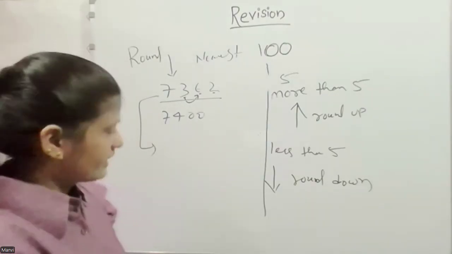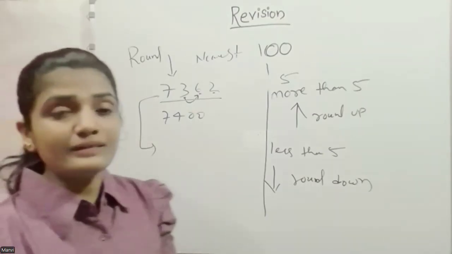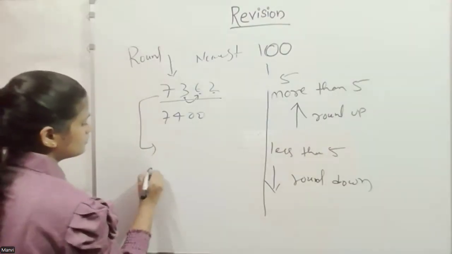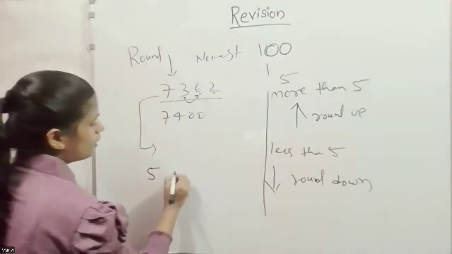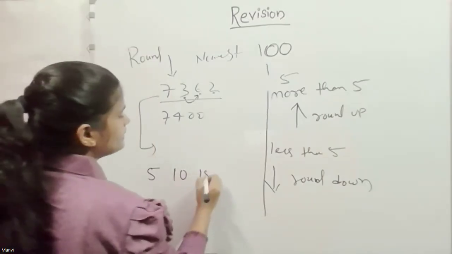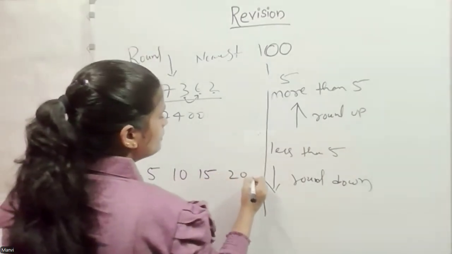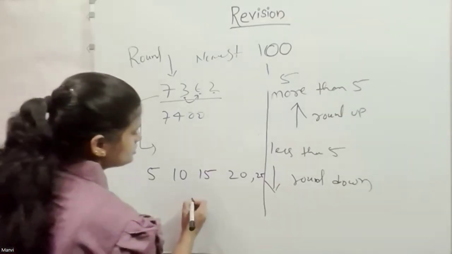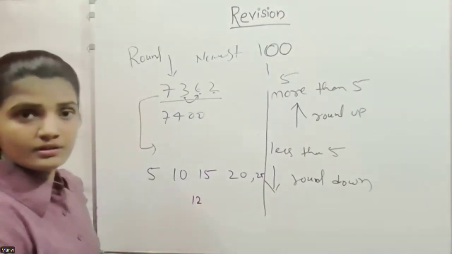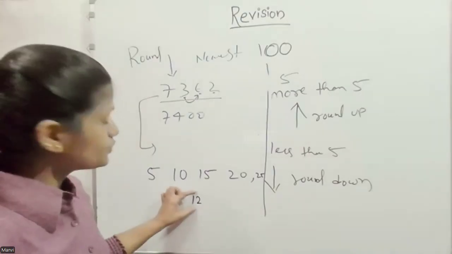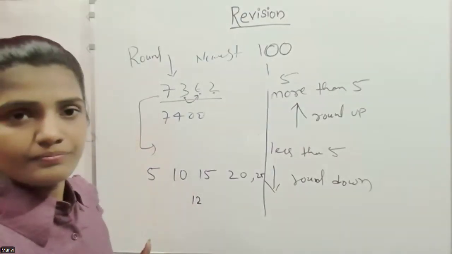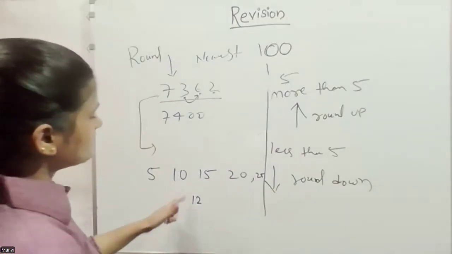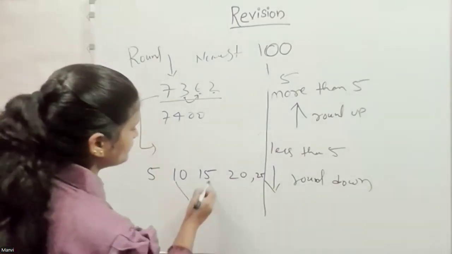No. Okay. So if we need to round to the nearest 5 or 50, you can think of it this way. We need to make it like 5 or 10 or 15 or 20 or 25. If I ask for the number 12, and I ask you to round this 12 to the nearest 5, you can see that it is near to 10 as well as 15.